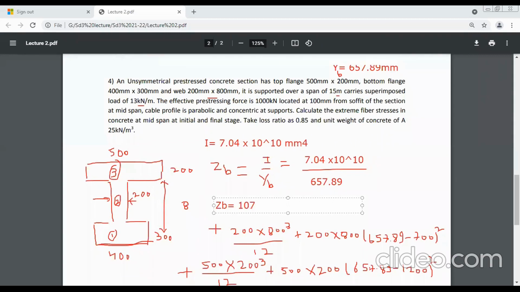So the unit is mm cube. Okay. So same, find out ZT.